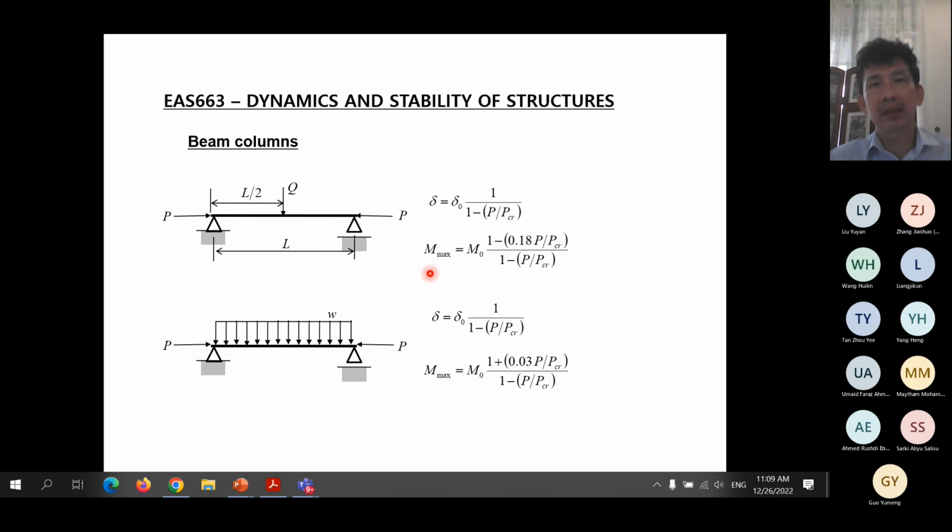So that is the main thing that you need to remember and understand: what is the consequence of having axial force acting on the member together with a load causing bending?